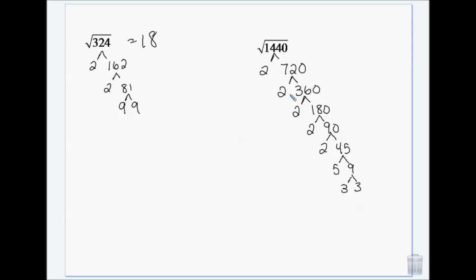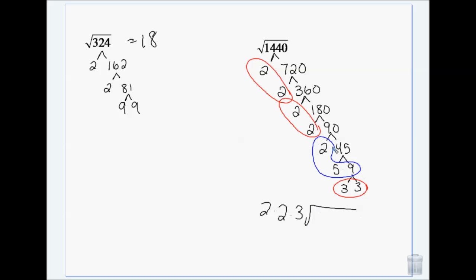And then I gather my matching pairs. So I have a 2 and a 3. And then these guys are my left behinds. So I have a 2, a 5, and a 9.